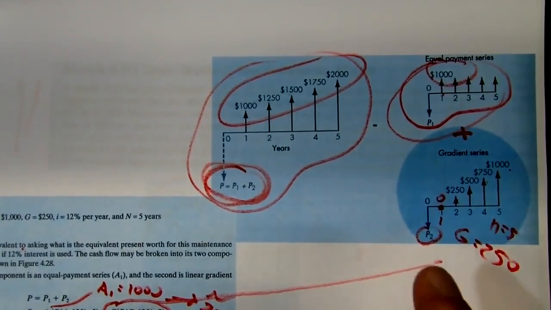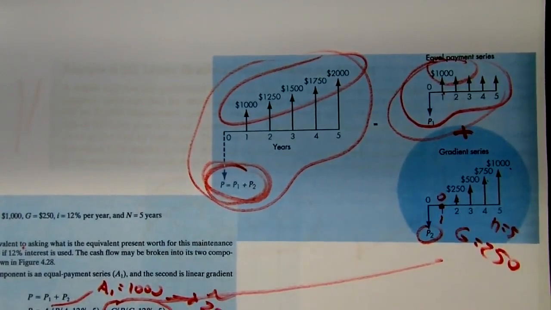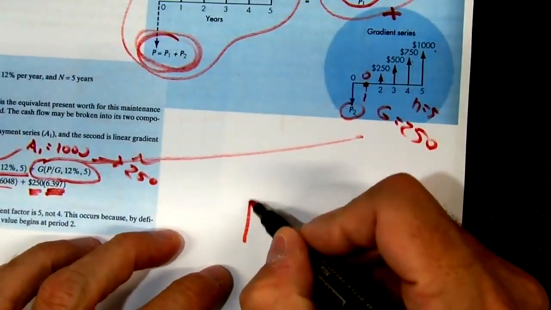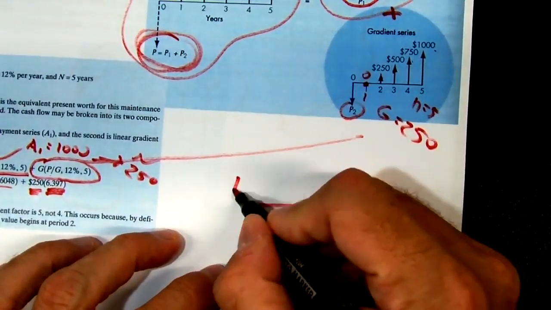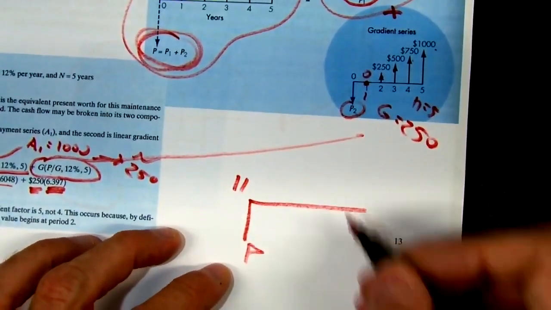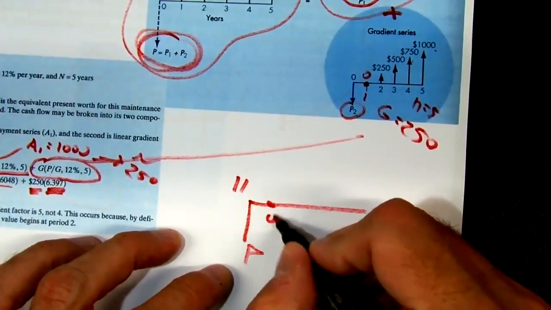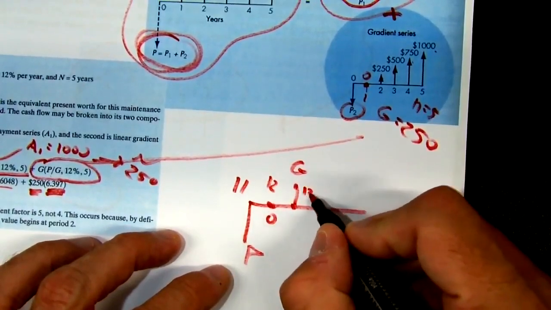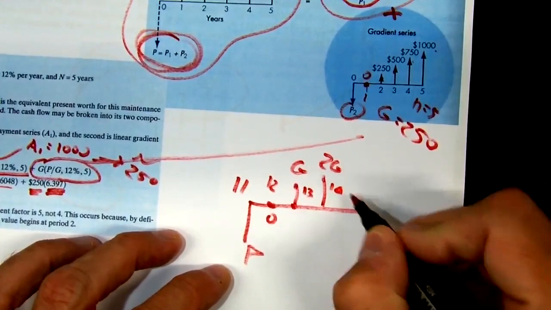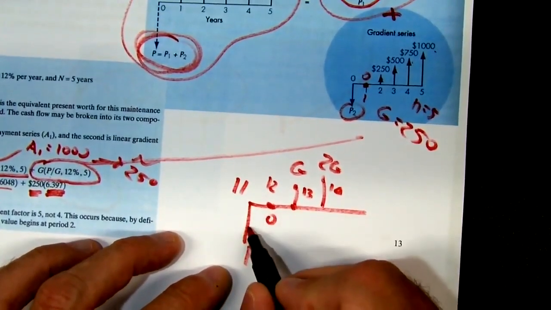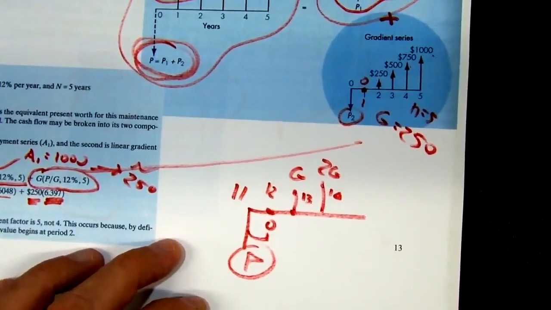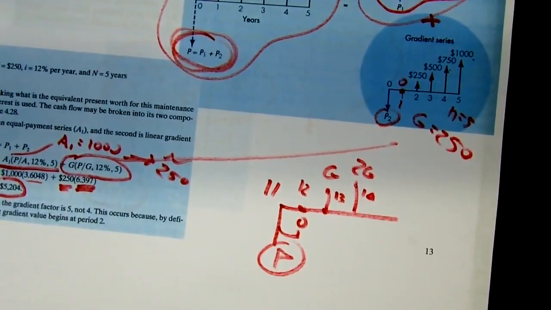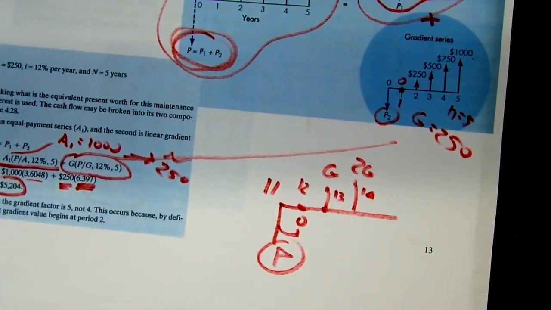In period 1 here, yes, but in general, 1 period after your equivalent P. So, since you asked, let's make it more generic: you can have P at period 11, and then your gradient will start at 0 right here, then G at period 12, 2G at 13, and so forth. So the 0 is 1 period after your P, which in our example was period 1. Any other question?